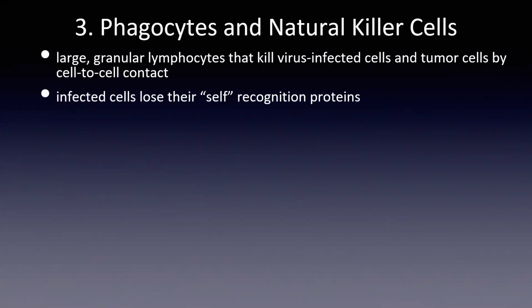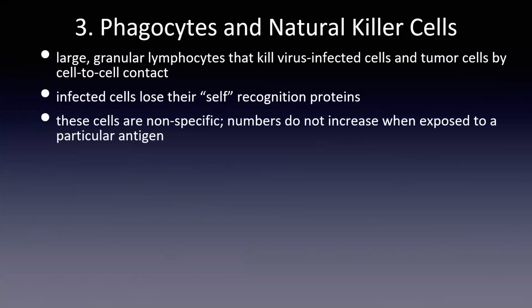So these natural killer cells will seek these out. They won't attack things that have your self-recognition, that are part of your own body, but they will attack anything else. And therefore they are non-specific.